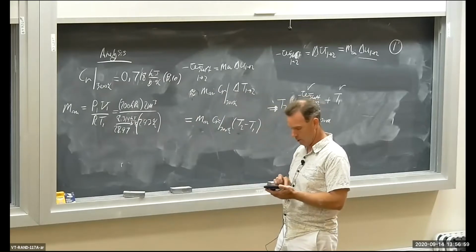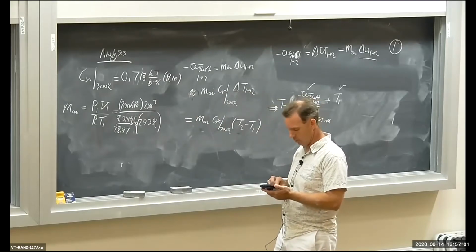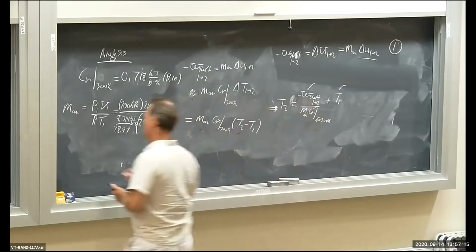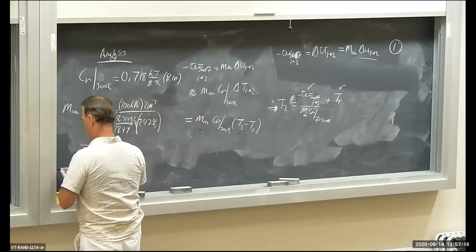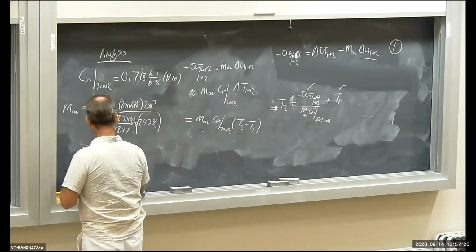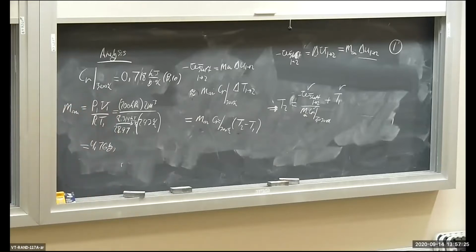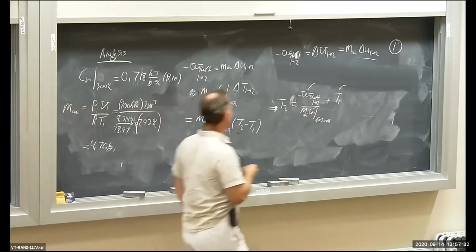Let's see here. 200 times 2 divided by 8.314 divided by 293 times 28.97. And I get 4.76 kilograms. That's my mass of air, 4.76. Okay? All right, so I got everything. I got the mass now.